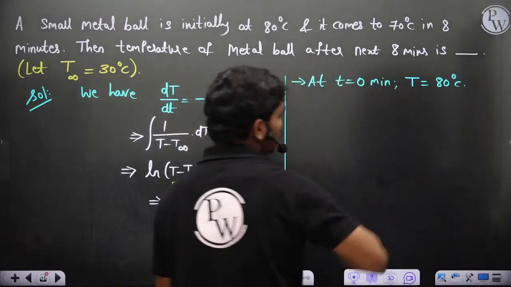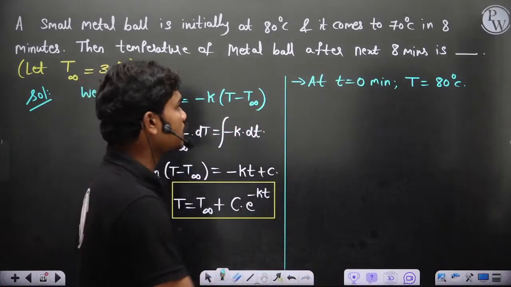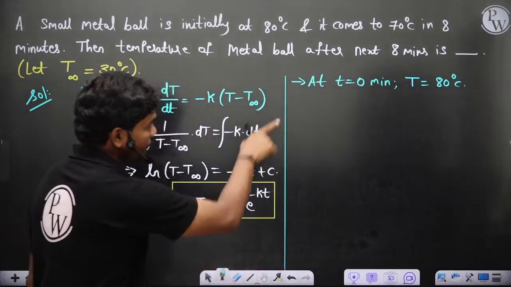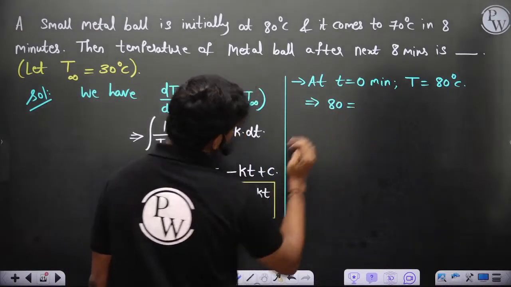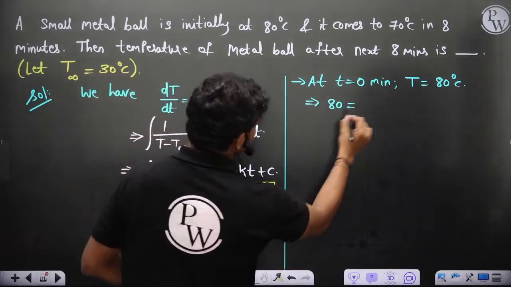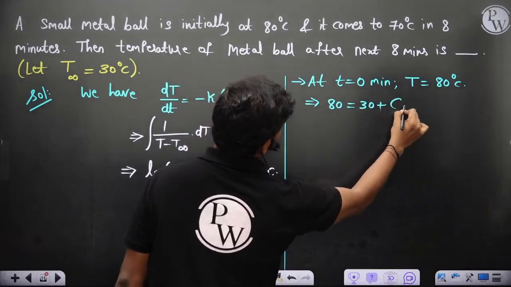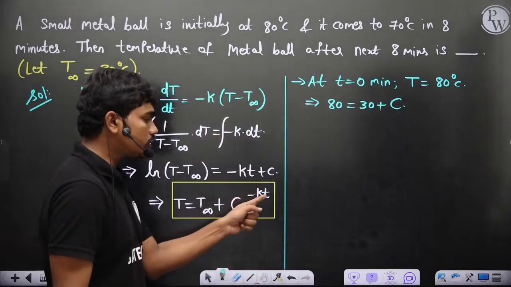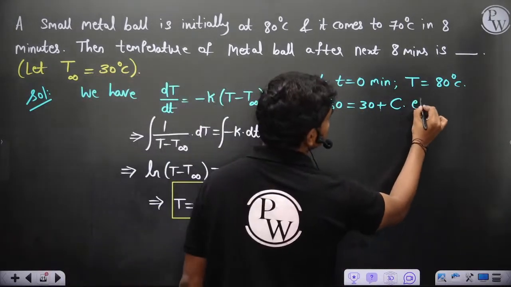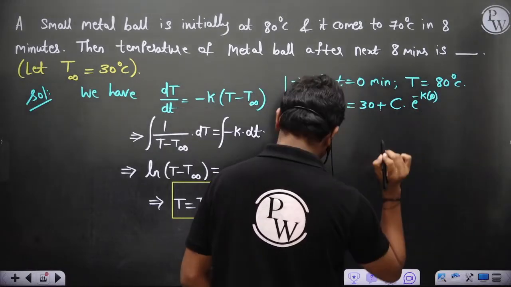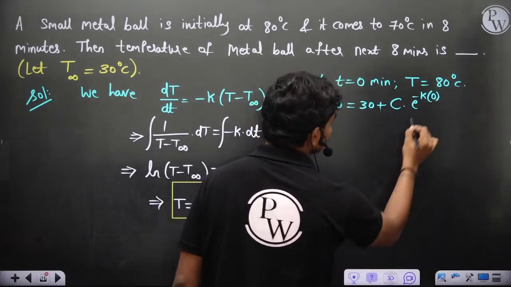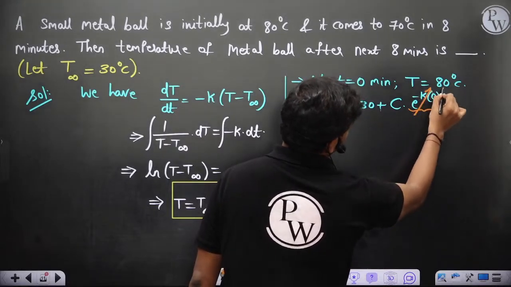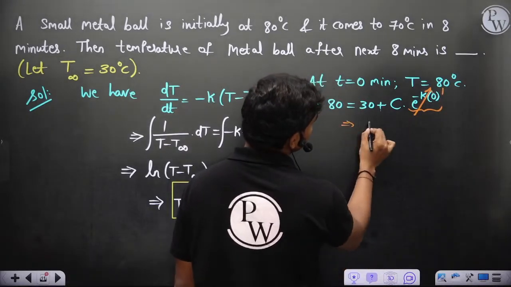Substituting in this equation, 80 equals T infinity, which is 30, plus the constant times e power minus k times 0. This value is 1. So ultimately c is equal to 50.